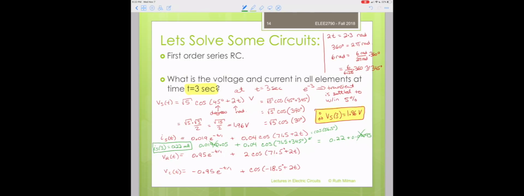Next, I do exactly the same thing with my voltage, and we're going to take a look at the different pieces again. So we're going to evaluate the voltage at t equals 3. So voltage at 3 is equal to 0.95 times 0.05 plus 2 times the cosine of, and we've got the same angle this time, so we don't have to do any computation.